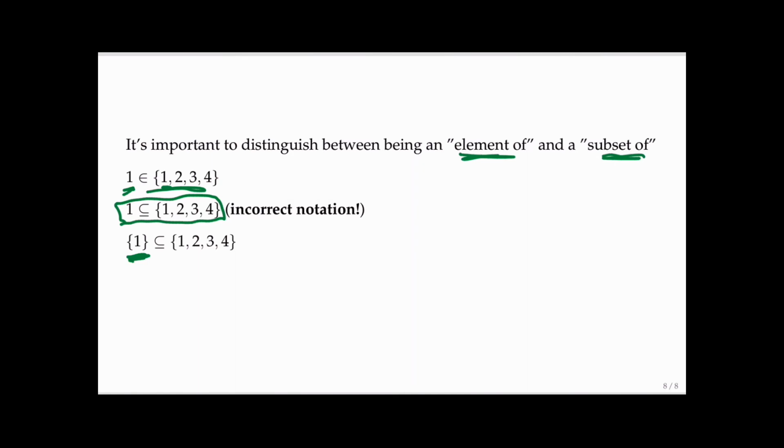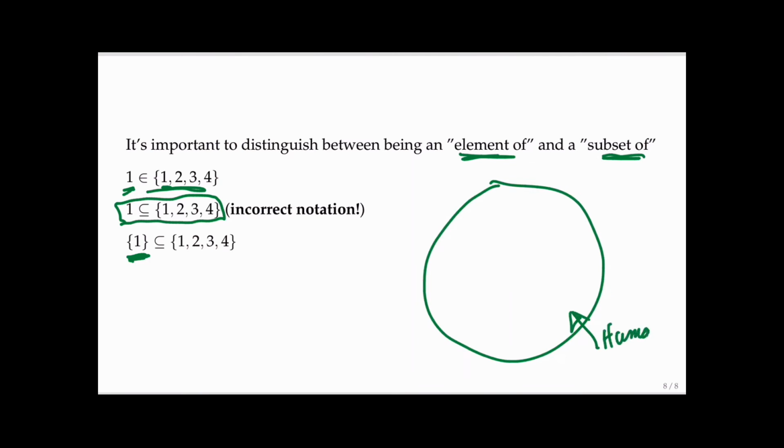So just to drive this idea home, consider the set of all humans. This is the set of all humans. And you might think of, let's say, the set of women, people who identify as women. So here we have the set of women.